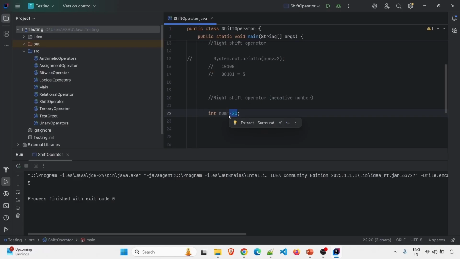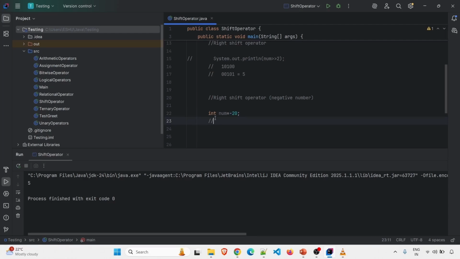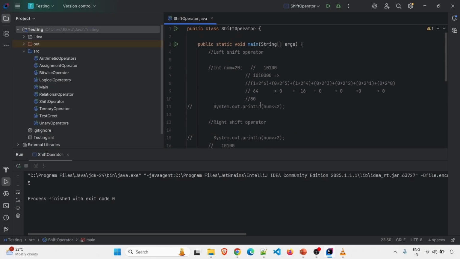To get the binary representation of -20, we have to follow certain steps. The first step is we have to invert all the bits of the positive number. What does it mean? Take the binary representation of the positive number.